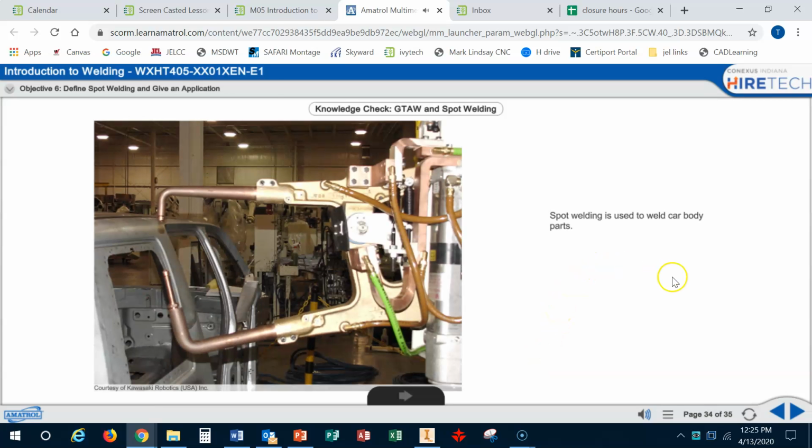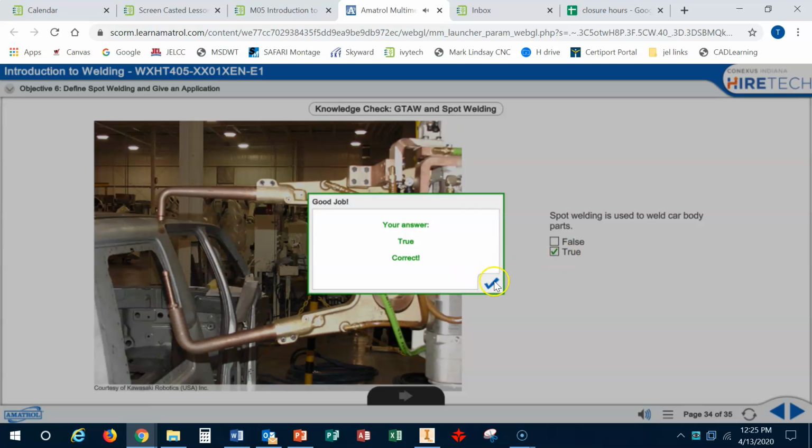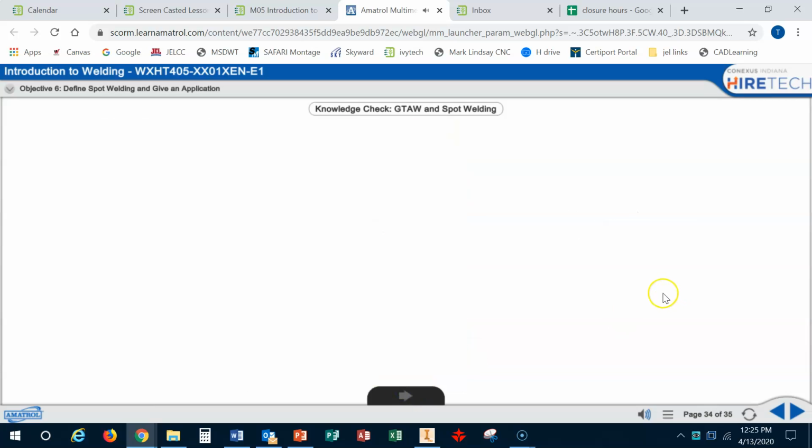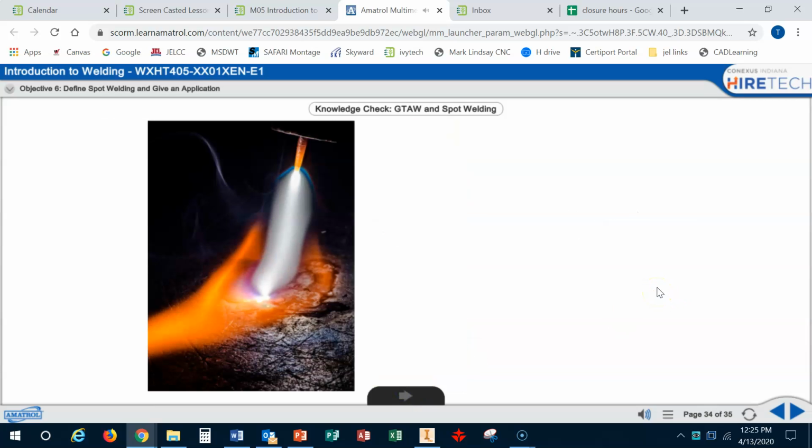Spot welding is used to weld car body parts. GTAW is used for applications where accuracy and appearance are of key importance.